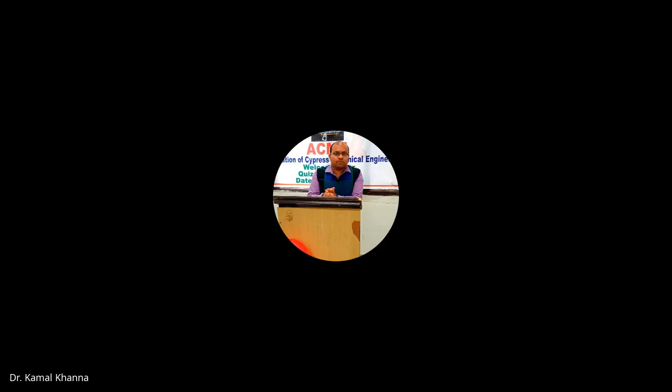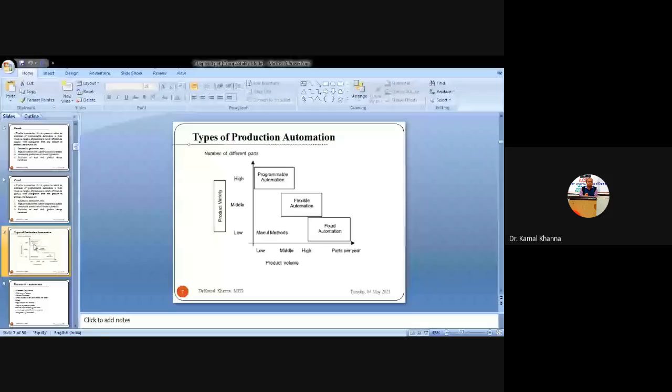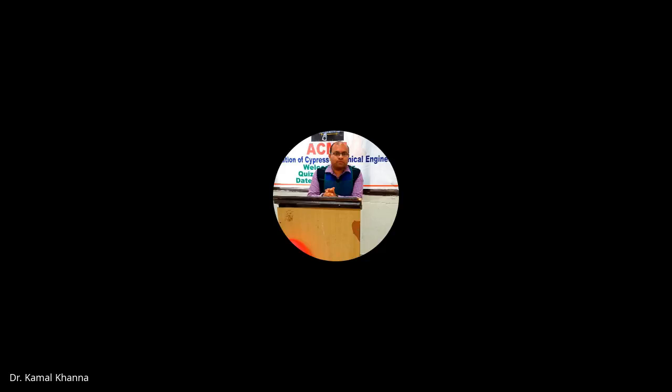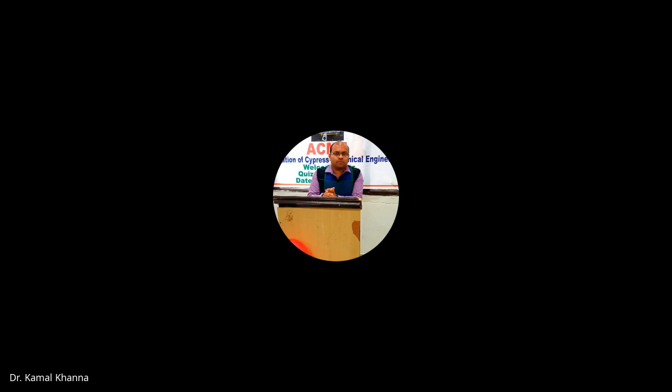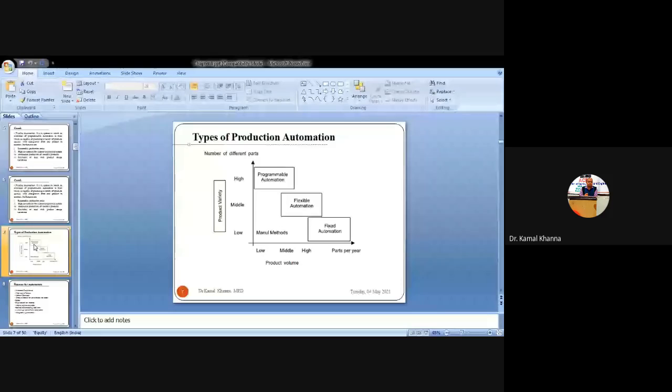Whereas you can see flexible automation lies in between programmable and fixed automation. That is, we are getting optimum or nominal variety at nominal cost, as well as nominal product quantity, by installing a flexible automation system in the industry.